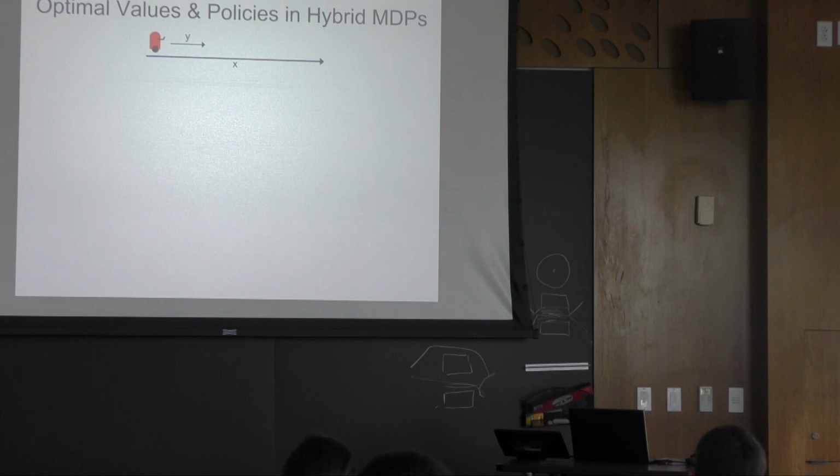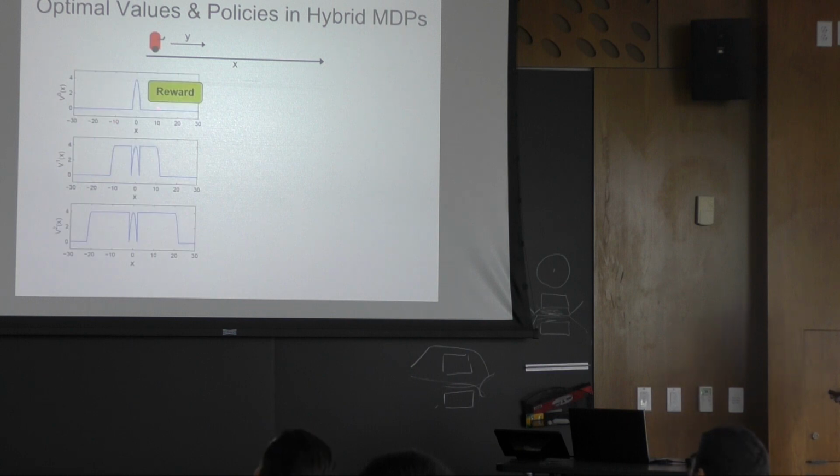So just to give you an illustration, here's a robot. It can move an arbitrary continuous amount y along the x-axis. So I can give you this V0, which is the reward, which says basically if you're between -2 and 2, you get this quadratic reward. I allow the robot to move up to 10 units at every time step.